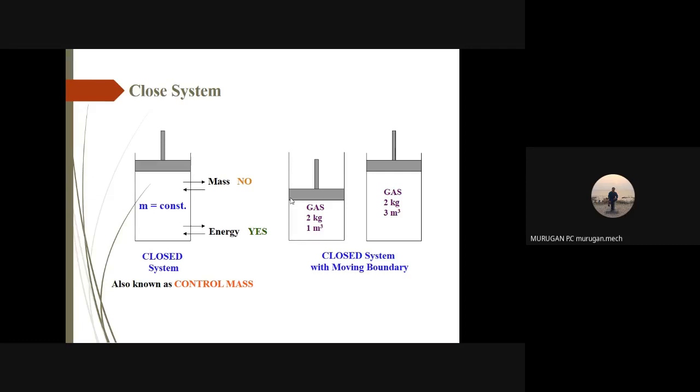Let us consider this as a syringe. See here, there is a change in x. Either we can take 2 ml, or here we can take 5 ml. So it is called a closed system with the moving boundary. Understood?